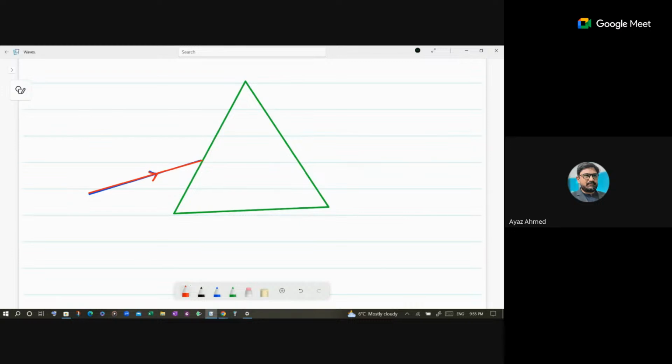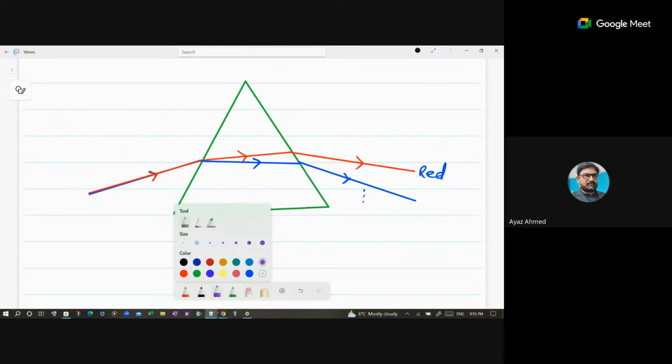Red light has larger wavelength, so it would bend least, right? This is the red light. But blue light has higher frequency, so blue light would bend more. A deviation in the blue will be more. So if I continue this, red will be at the top, and so on, violet will be at the bottom.